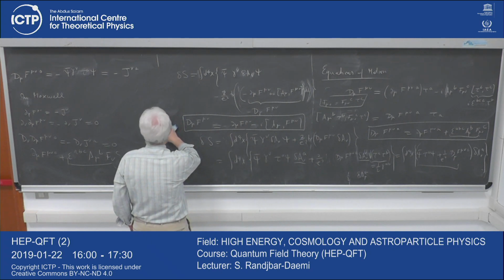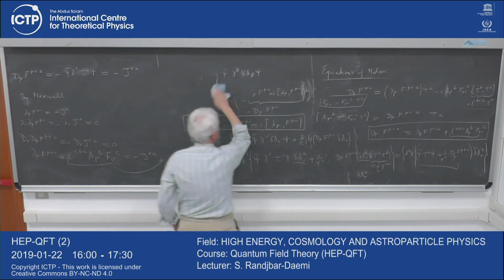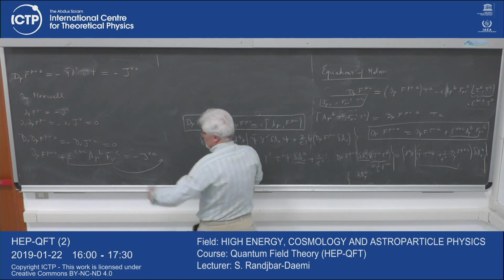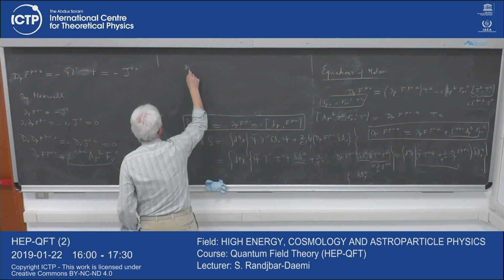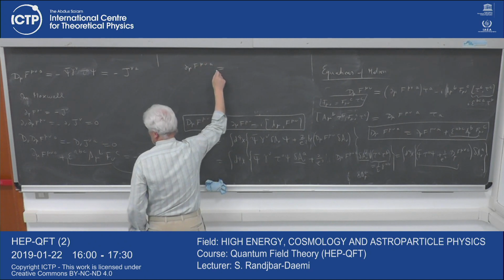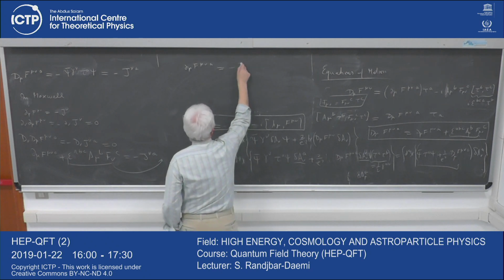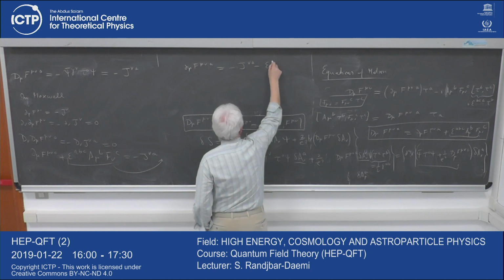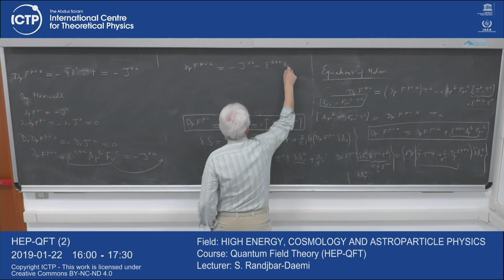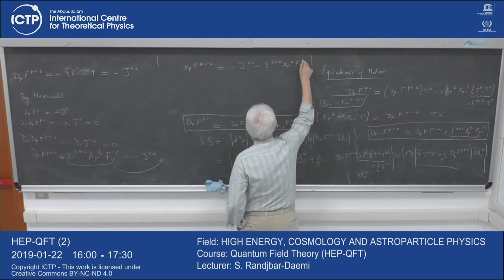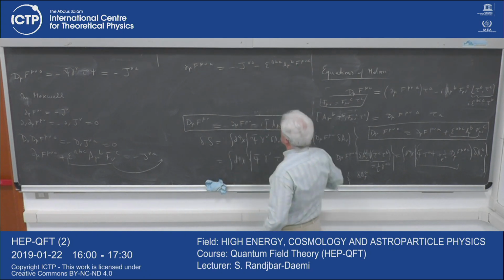I need to erase something. Let me erase this part. So this you can write as d mu F mu nu A equals minus J nu A minus epsilon ABC A mu B F mu nu C.